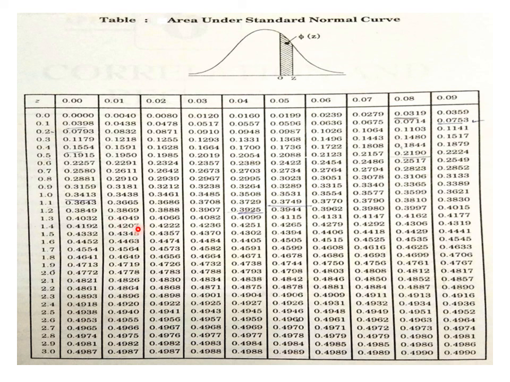Now that 0.4207 is coming as an intersection of 1.4 and 0.01, which together make 1.41. That is why for probability 0.42 the value of z2 was 1.41 in the previous problem.